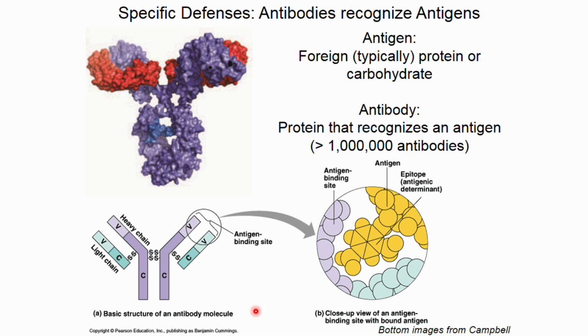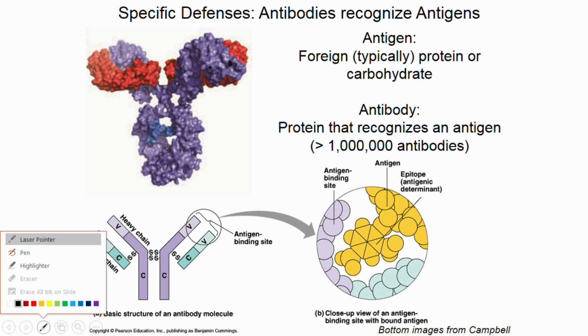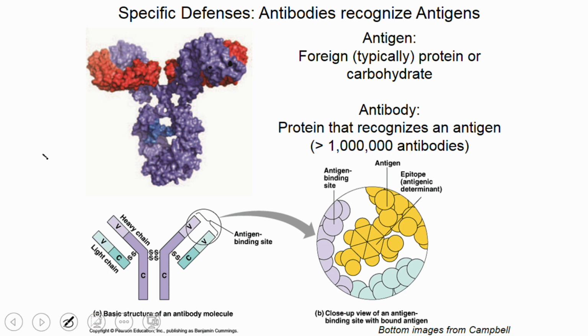Okay, so what we're looking at here is a 3-dimensional representation of an antibody, and here is the Y that we can draw down here. As I mentioned before, if you're going to draw an antibody, a good way to draw that is by drawing a Y. To get a little bit fancier, you would draw something like this, and that's a little bit closer to reality.